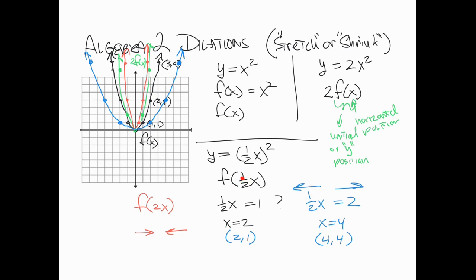Where does the transformation occur? Is it inside the parentheses or is it on the outside of the parentheses? And how would that cause that dilation to occur? Would it be a vertical dilation or a horizontal dilation? Would it be increasing or would it be shrinking? And to show that in Delta Math, instead of dragging the green dot, you need to drag the blue dots. And the blue dots are used to express that horizontal or vertical dilation.